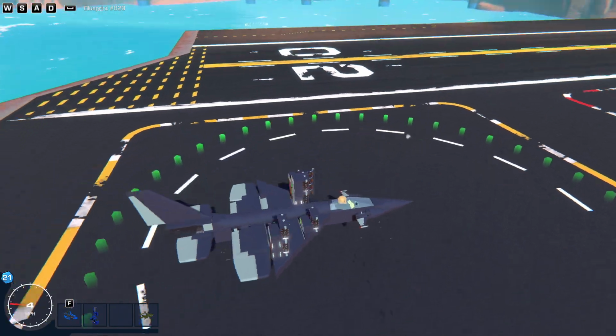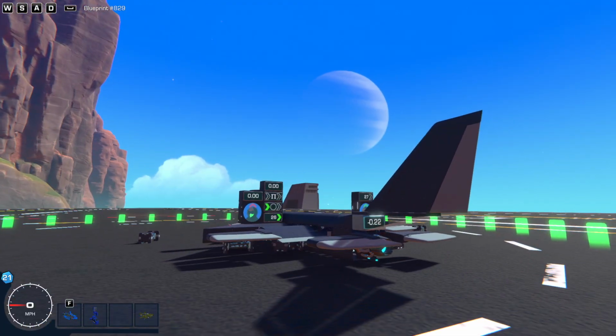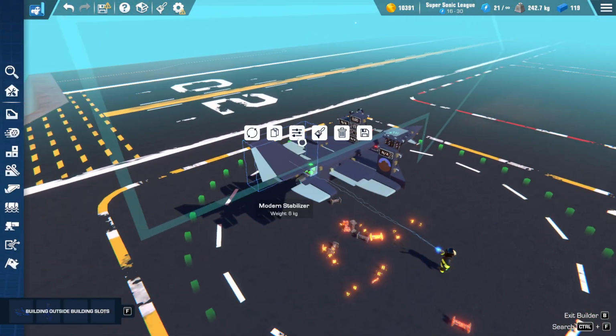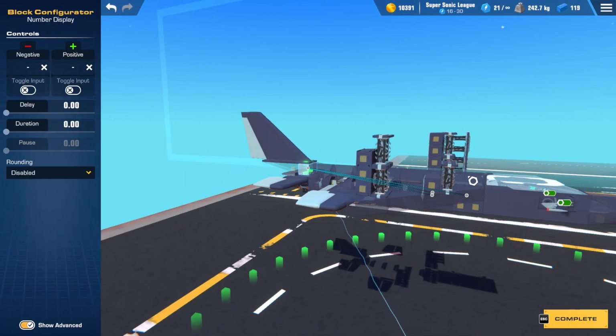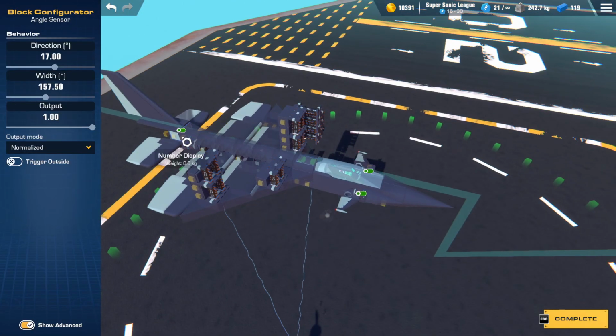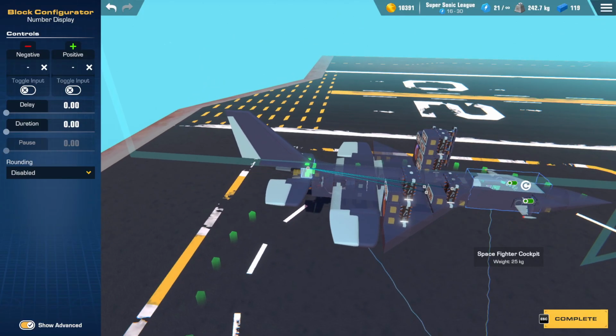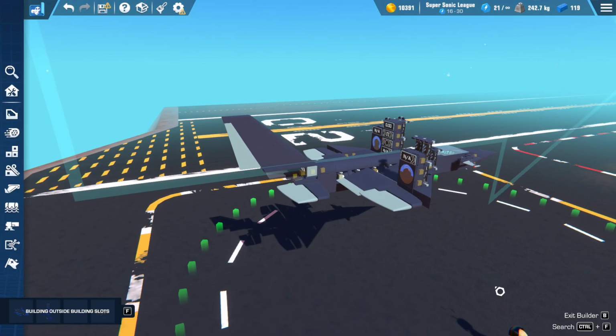control surface is, because Trailmakers is great. When you connect this to the number display and the number display to the steering hinges, if I remember correctly, it basically doubles the output.